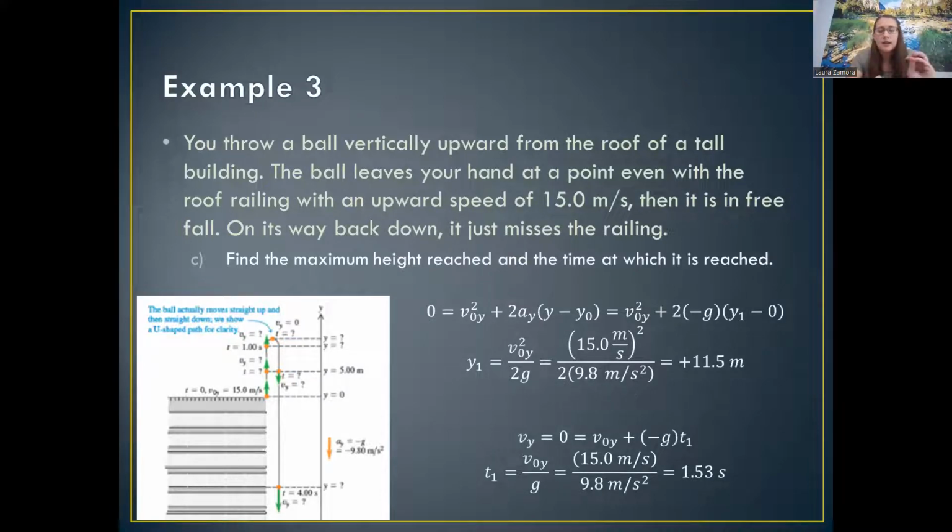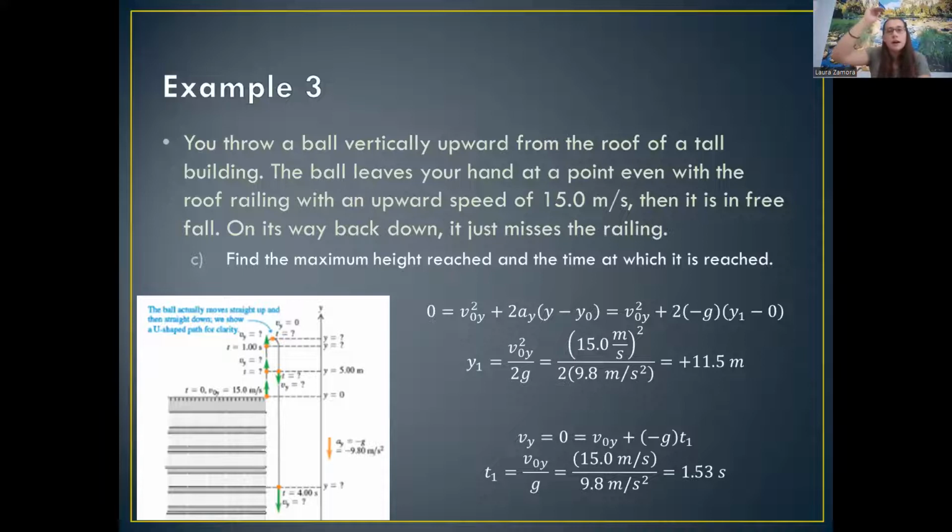Okay, so if we think about what is happening at this maximum height, that maximum height means the ball will not continue moving upward, right? It's the maximum height. It's not going to move higher than the maximum height. But that's important to actually consciously realize what that means.